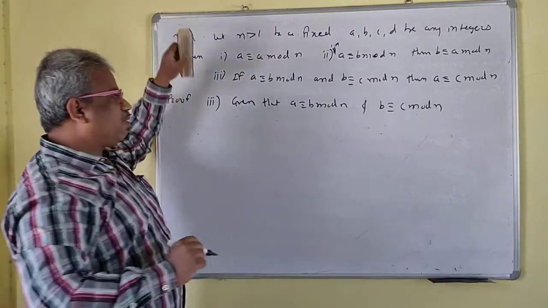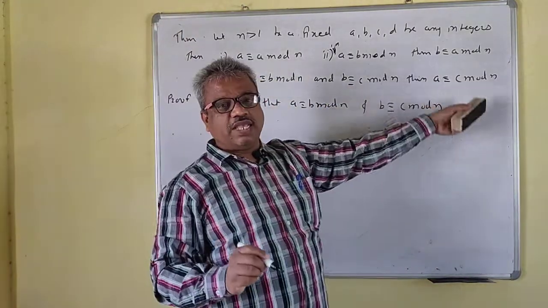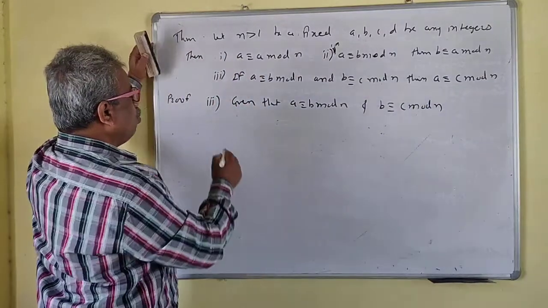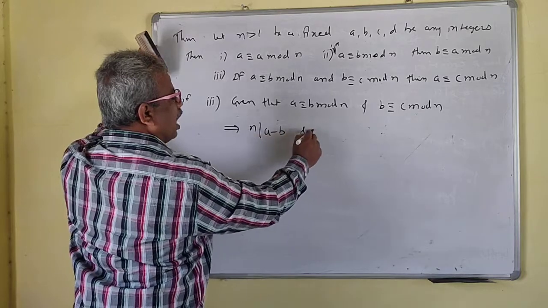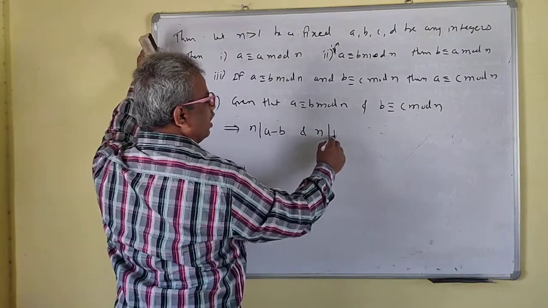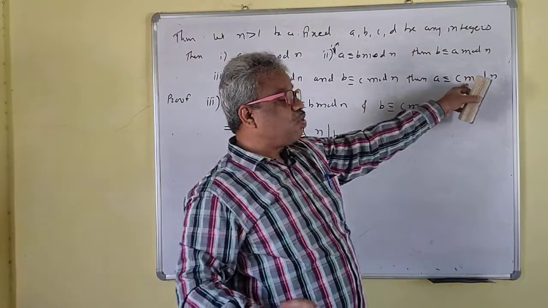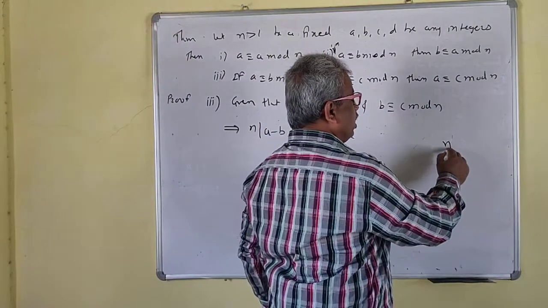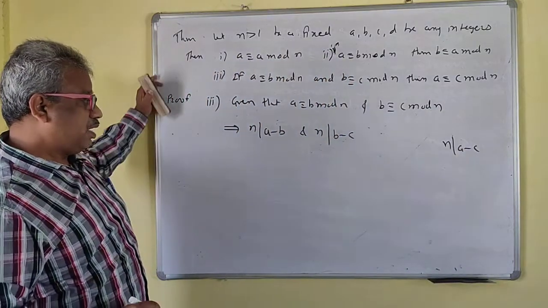That means a is related to b, b is related to c, and what we have to prove is a is related to c. So what does this imply? n divides a minus b and n divides b minus c. What you have to prove is a is congruent to c mod n, that is, n divides a minus c. This you have to prove.